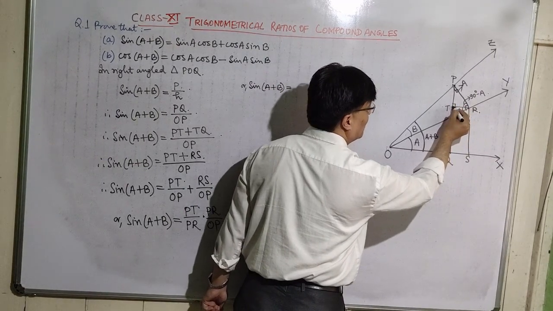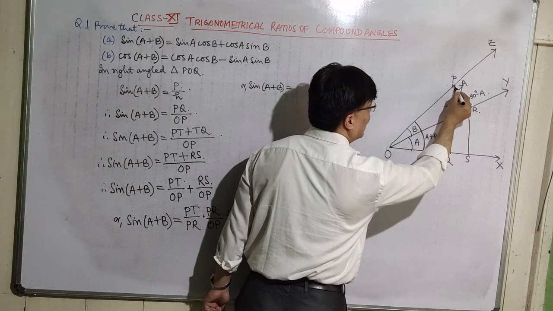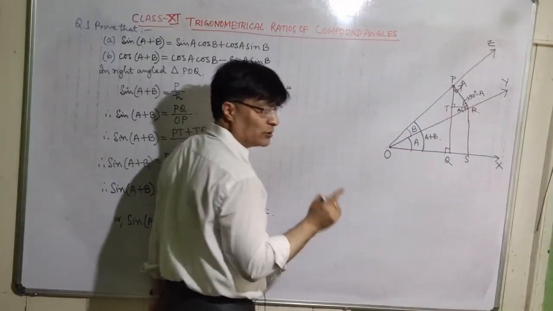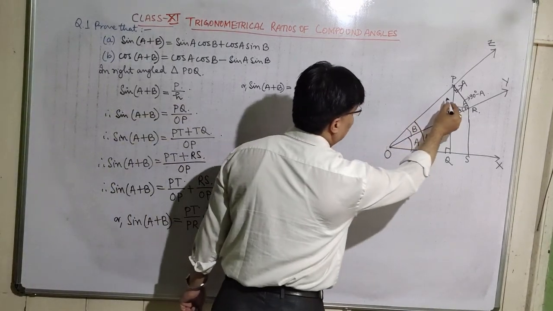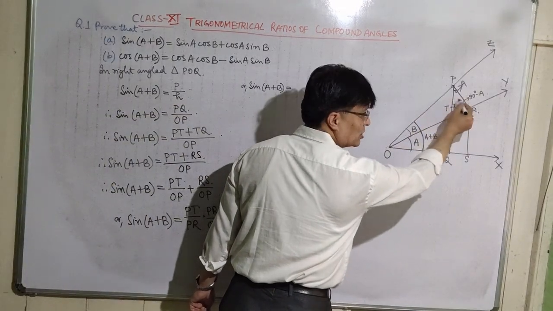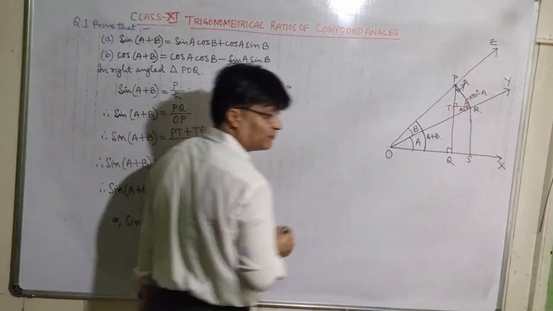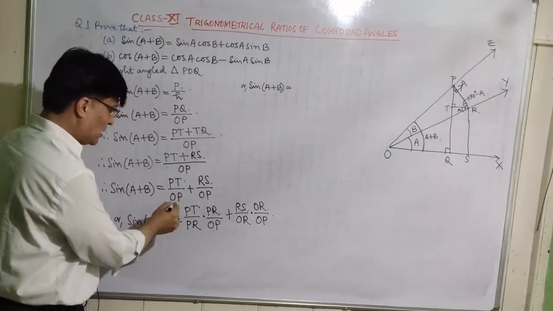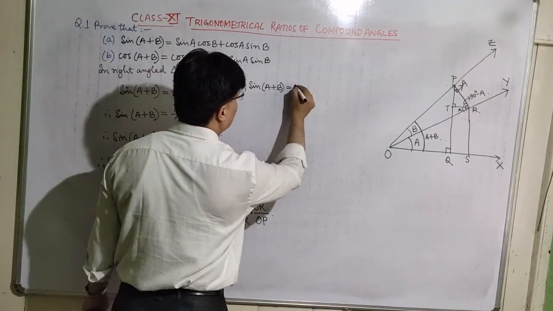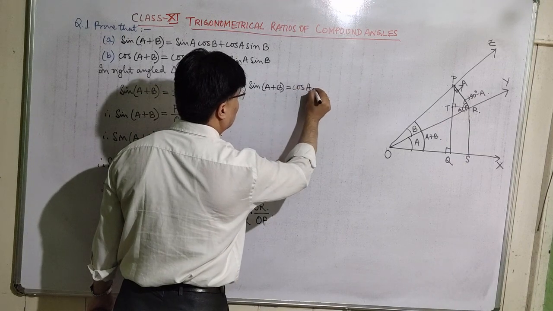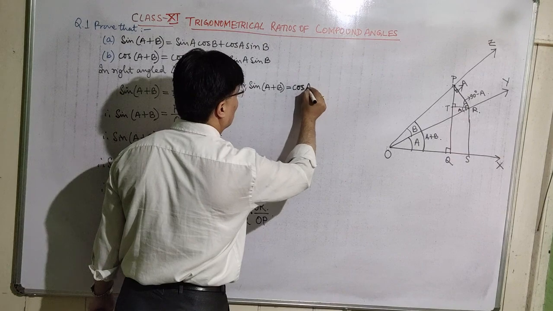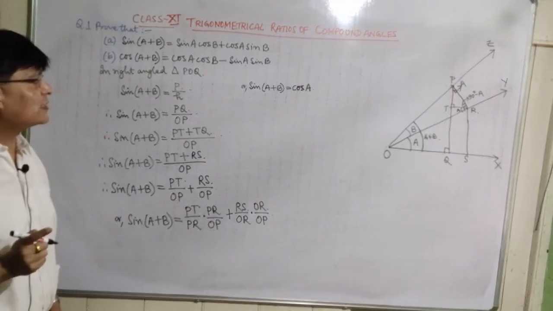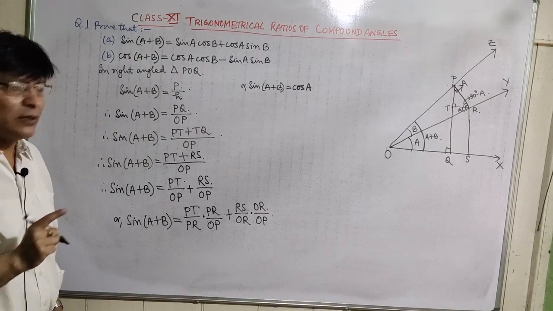This RT will be the perpendicular, PT will be the base, and PR will be the hypotenuse. Is that clear? So this PT by PR will be B by H. B by H means cos A. So PT by PR is cos A. Is that clear to all of you?